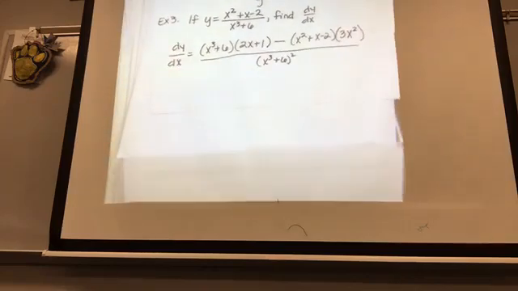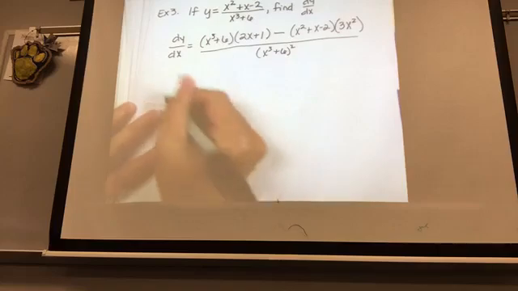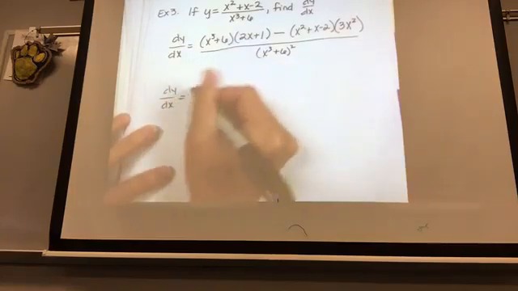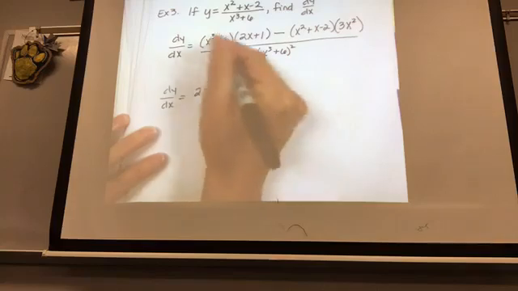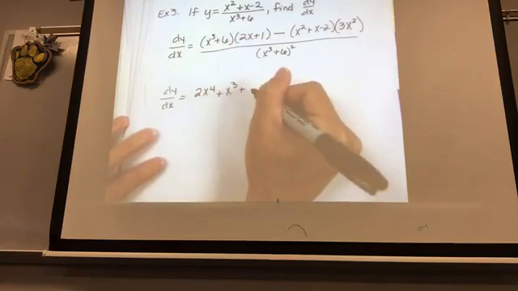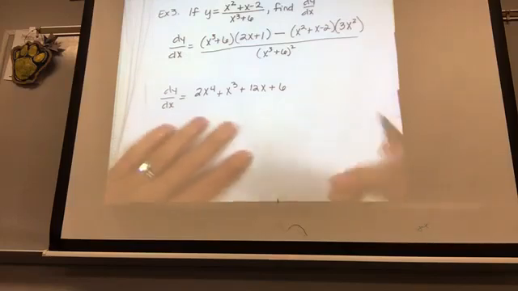So, FOIL the first part. So first, 2x times x cubed would be 2x to the 4th. Outer, x cubed times 1 is x cubed. Inner, 6 times 2x is 12x. And last gives us 6.